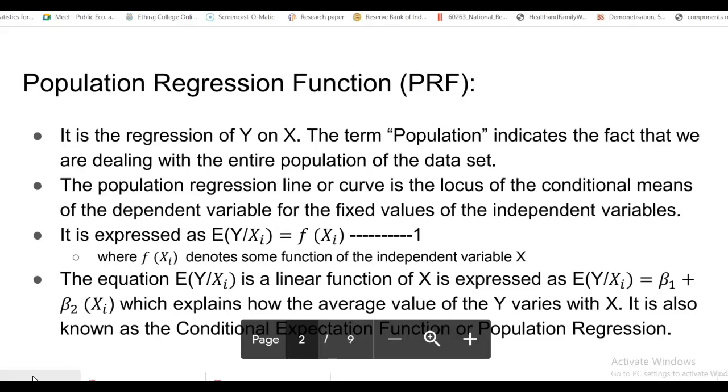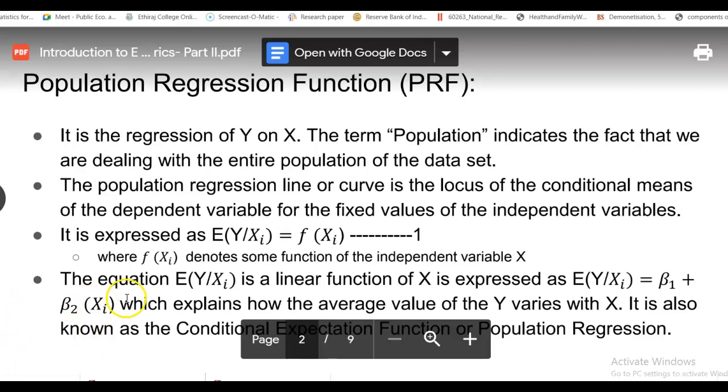Based on the value of x, we will be able to determine the value of y, since we have the intercept and the slope. How the dependent variable changes with the change in the independent variable is the regression line. I will show that in this slide now.